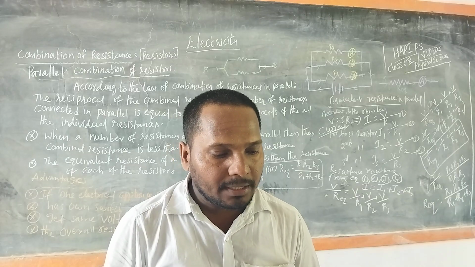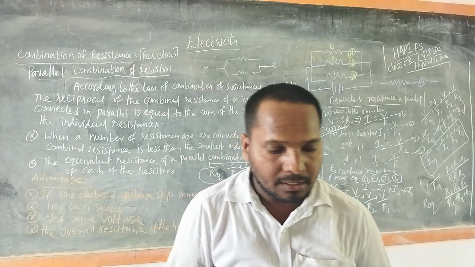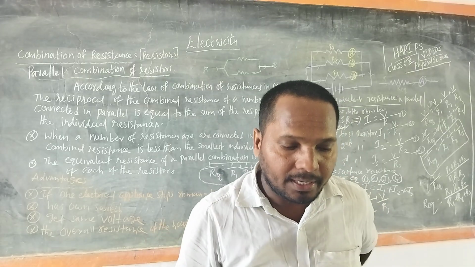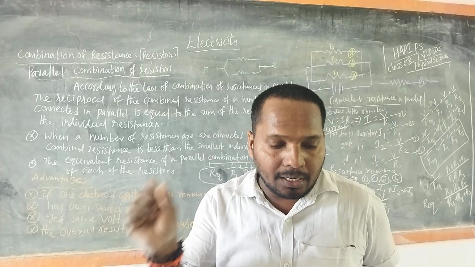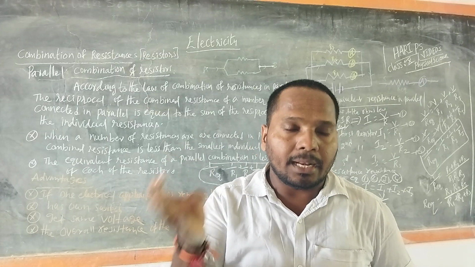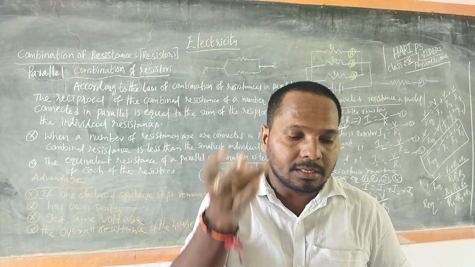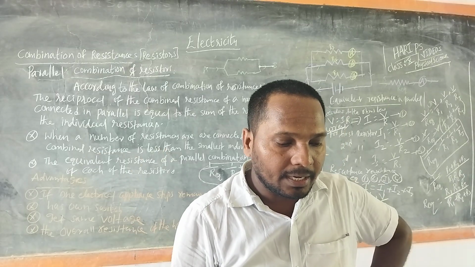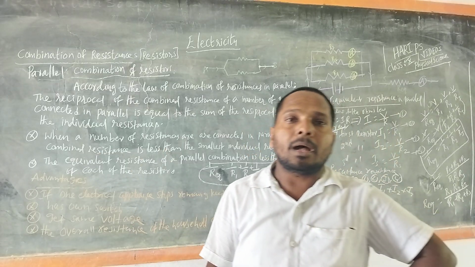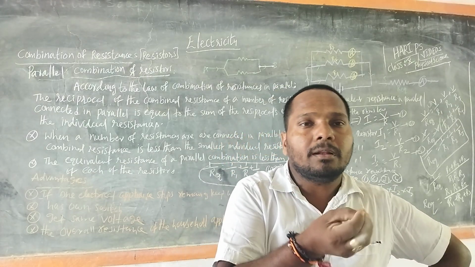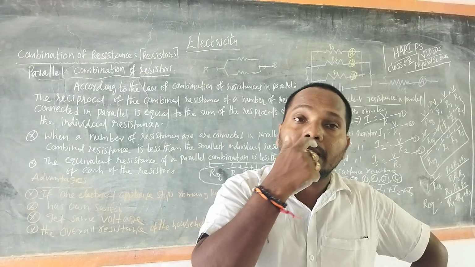Every appliance can take the amount of current it requires. For example, in a parallel circuit, even high power rating appliances like electric irons, water heaters, and air conditioners draw the higher current needed for their proper function. A bulb requires less current, a fan requires some current, and ACs require more current.